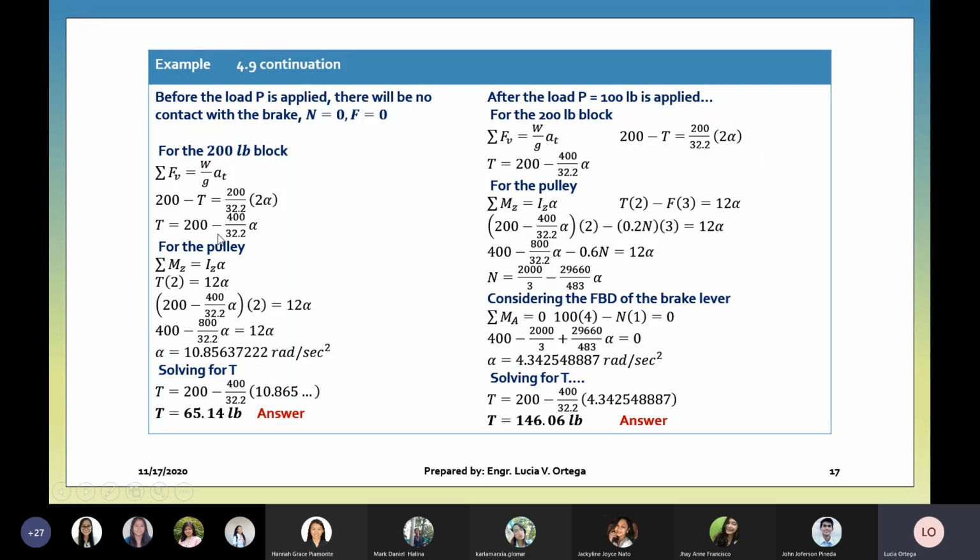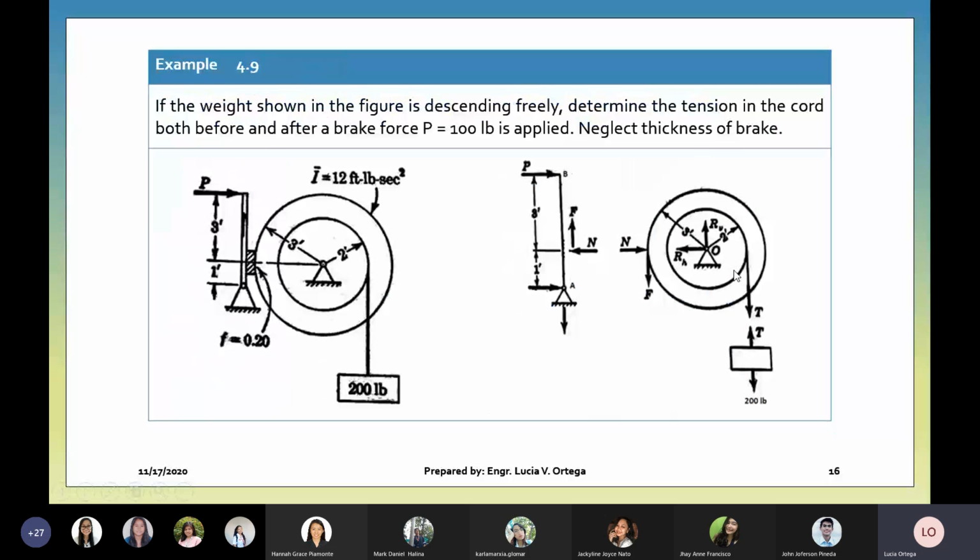Actually, it's the same. For the pulley, when we take summation of moment at the center, it's the tension and the friction force. Of course, the normal force will be directed to the center, so its moment at the center is 0. So only the tension and the friction force.